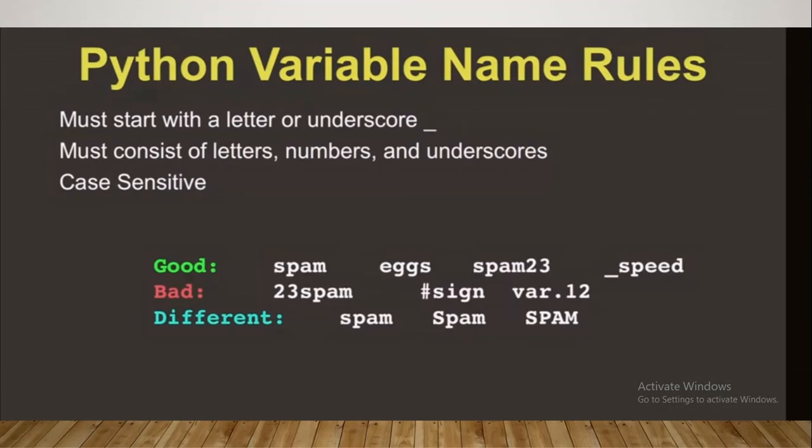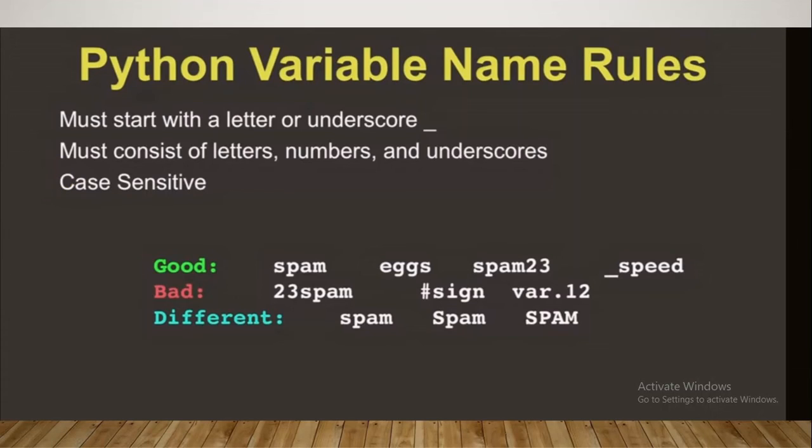So, Python variable name rules. As I've told you, we'll be discussing the rules for taking a variable. As a programmer we can take any variable name, but with some exceptions, so we will discuss those exceptions here. The first rule is that it must start with a letter or underscore.